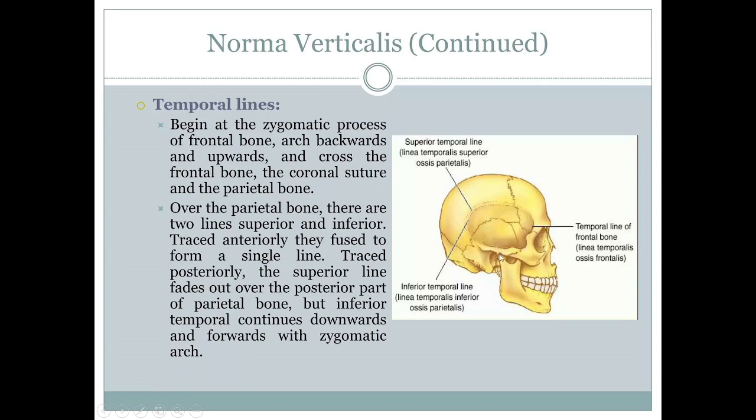Over the parietal bone there are two lines, superior and inferior. Traced anteriorly, they fuse to form a single line. Traced posteriorly, the superior line fades out over the posterior part of the parietal bone, but the inferior temporal line continues downward and forward with the zygomatic arch.